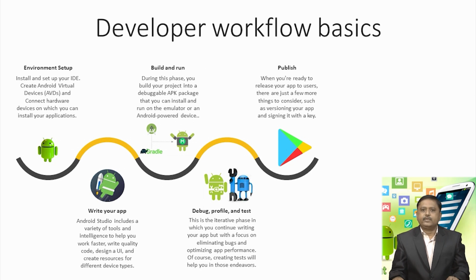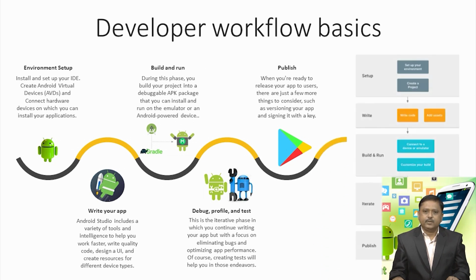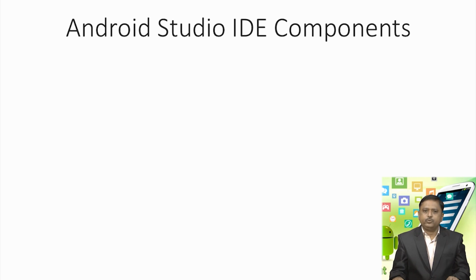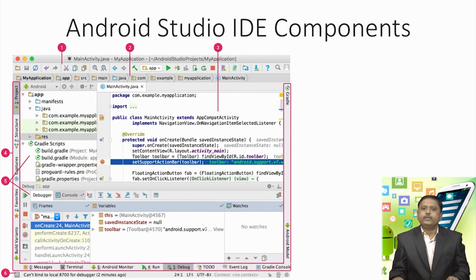Now, let us try to understand Android Studio IDE components. That means whenever you open Android Studio, you will see different parts on the screen, which are known as the Android Studio IDE components. The first component is the toolbar.